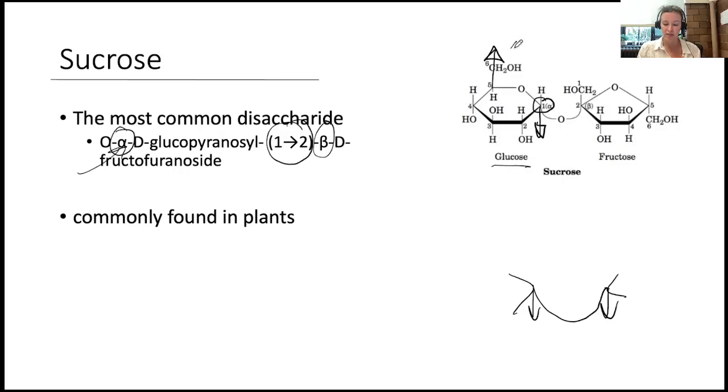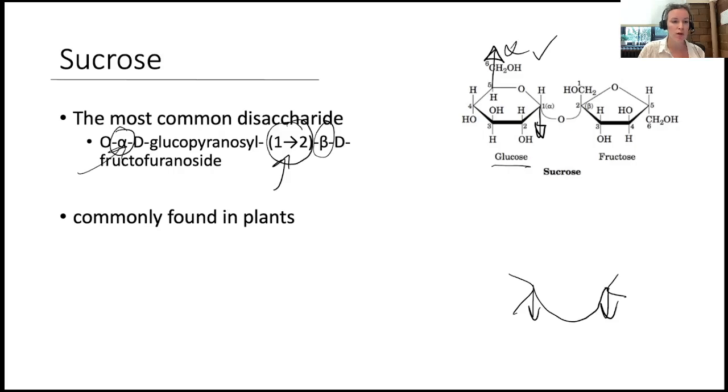So yes, that is alpha. Great. What about this 1 to 2 business? We have a bond from the anomeric carbon of glucose, carbon 1, to carbon number 2 of fructose. So that is the 1 to 2 designation.